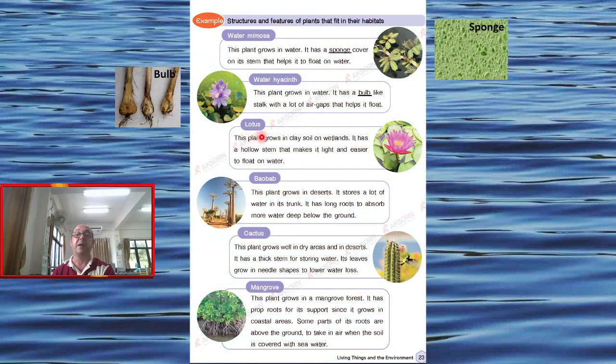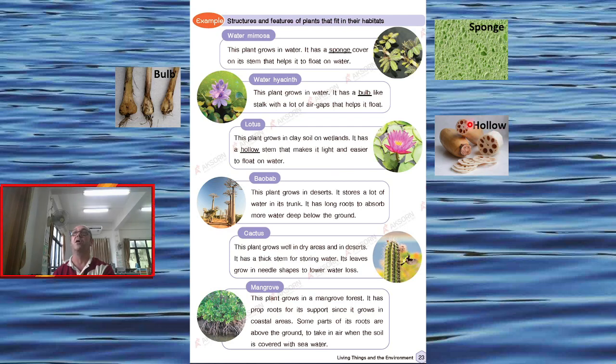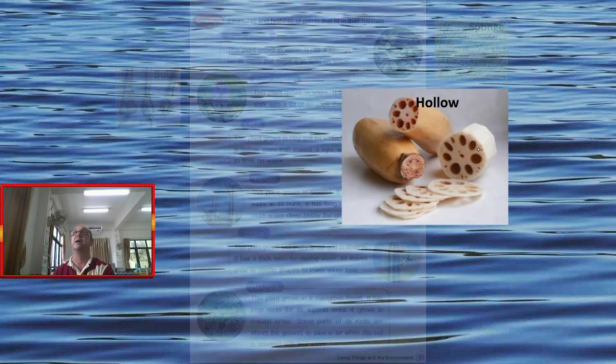The next plant, the lotus. This plant grows in clay soil on wetlands. It has a hollow stem that makes it light and easier to float on water. So the word hollow, what does this word mean? Hollow, we have here a hollow stem.